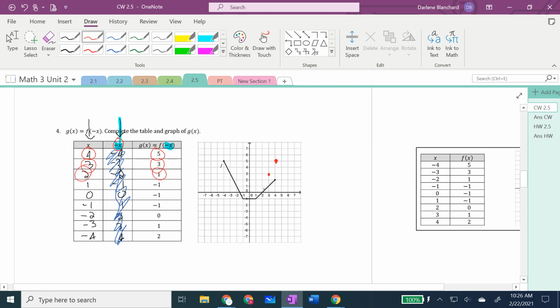+2, +1. +1, -1. 0, -1. -1, -1. -2, 0. -3, 1. -4, 2.